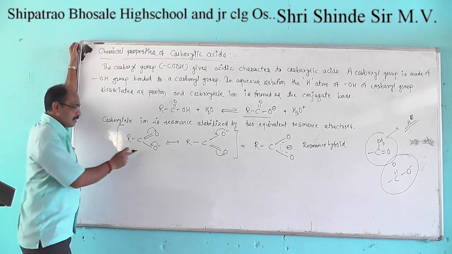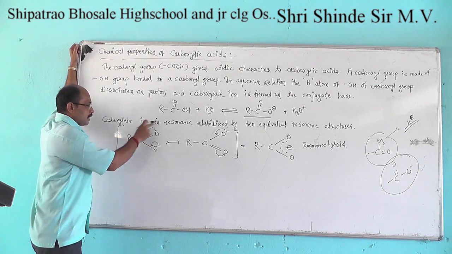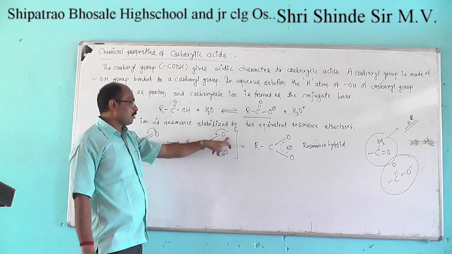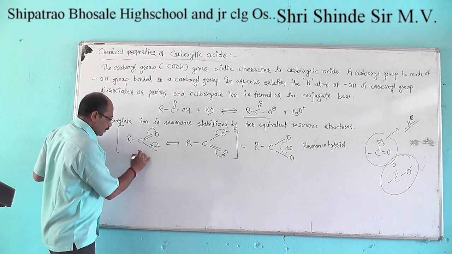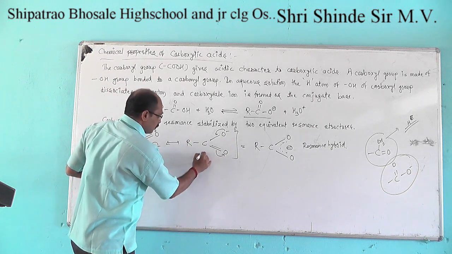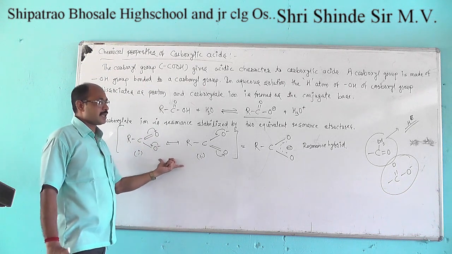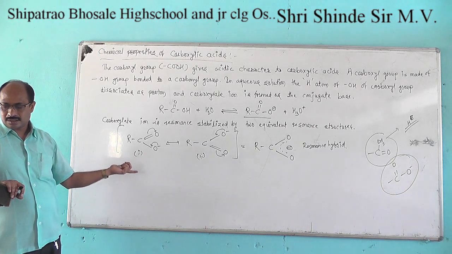as we move the electron density towards here, which is attracted towards here, to have the formation of corresponding electron density at the oxygen atom. These are two, structure 1 and structure 2. These are the resonance structures of each other, which are equivalent structures.